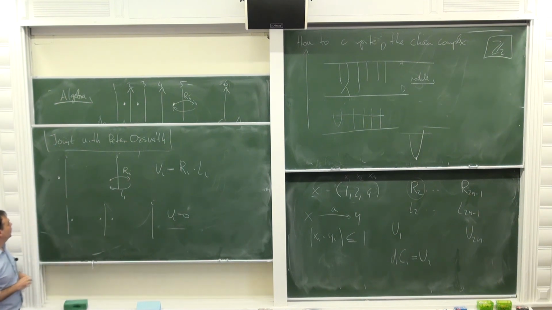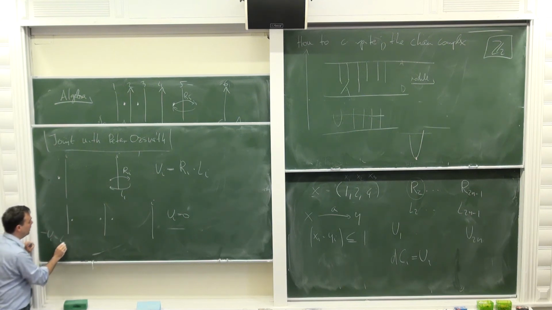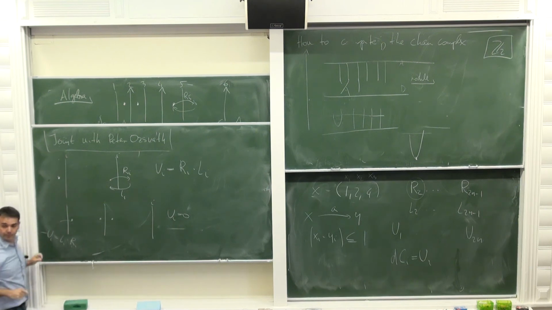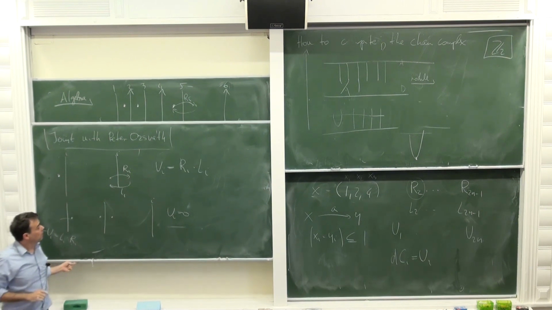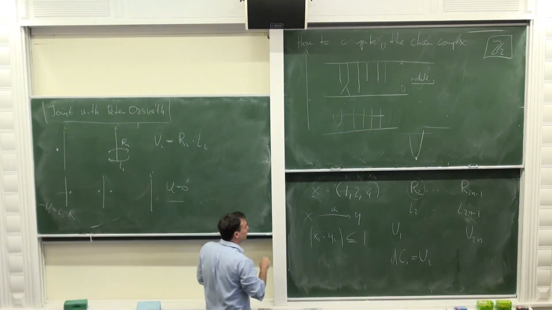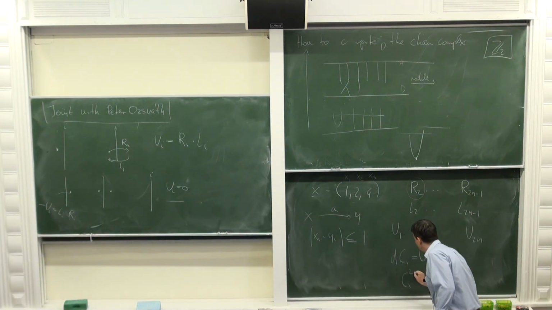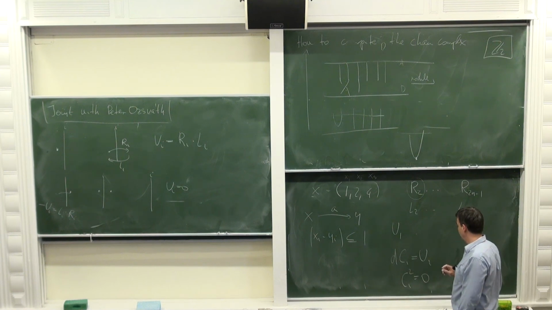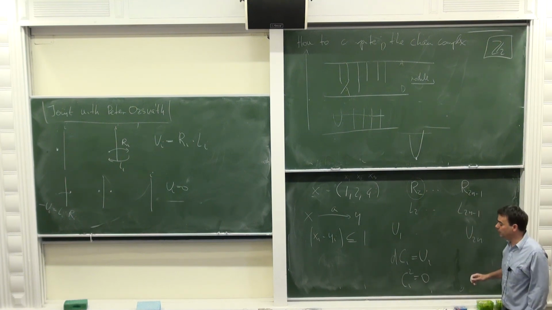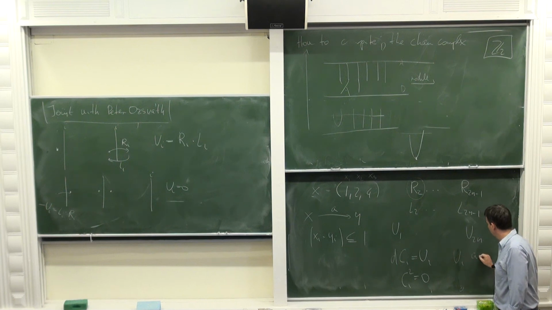We can multiply with Ui. In this case, again, Ui is not trivial, but we can decompose it. So Ui would be the same as Li times Ri, back and forth. And here is the opposite. We want Ci squared to be 0. And we want Ui's to commute with everything, and Ci's to commute with everything.